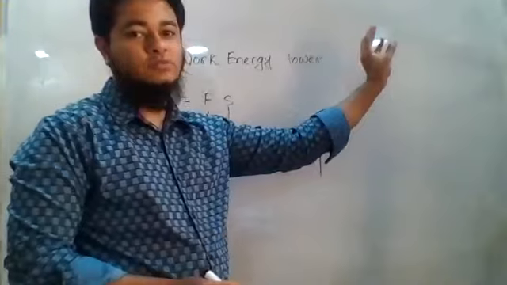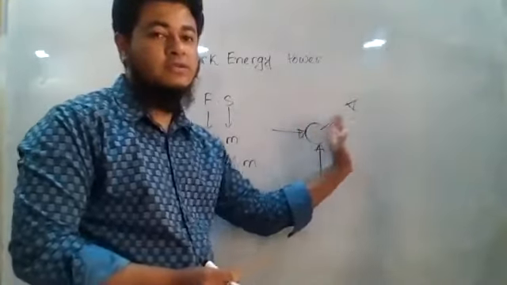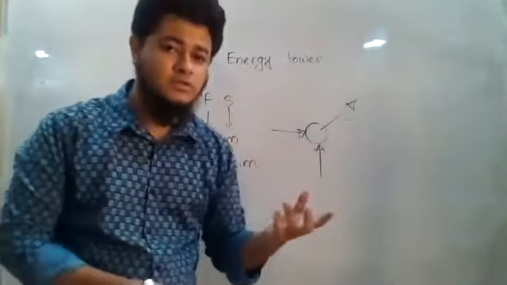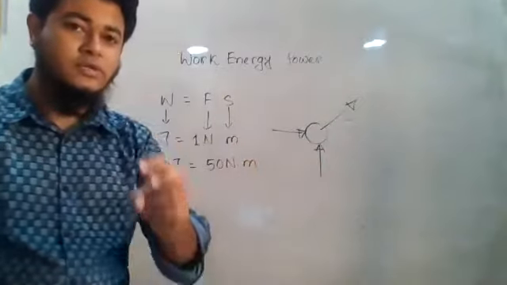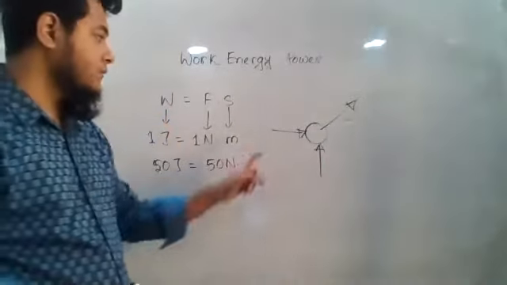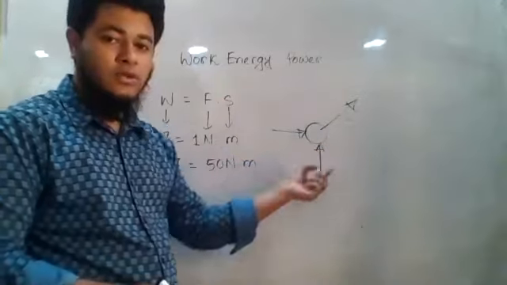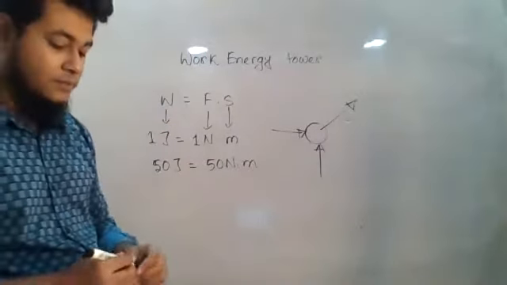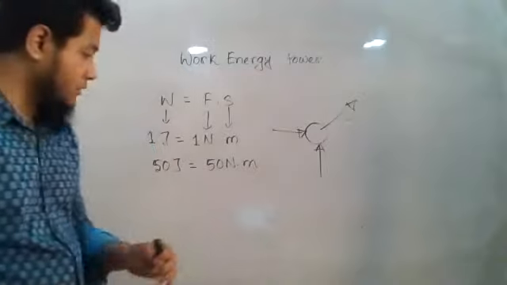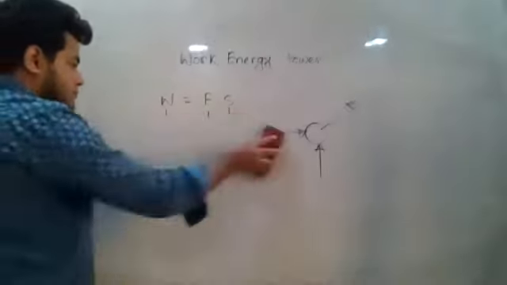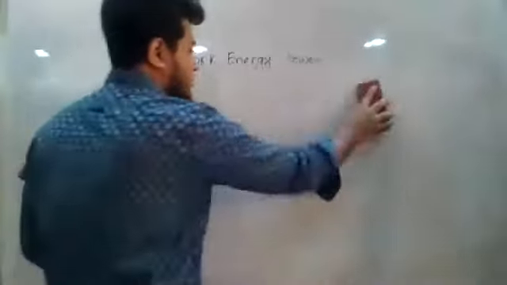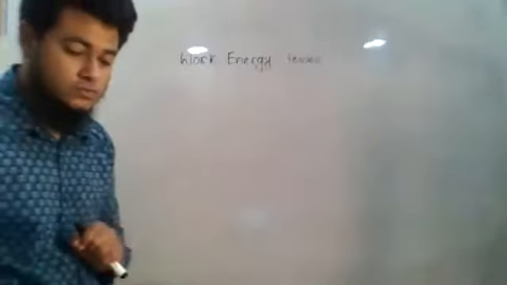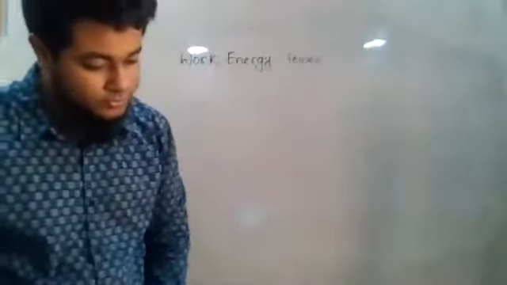And as a result, it is moving. It is covering a distance both horizontally and vertically, right? Now, if I ask you to calculate the work done, you will calculate two work done, right? For this force, you will calculate one work done. For this force, you will get another work done. Okay? So please remember. Acha. Okay. So do not forget to mention the displacement along the direction of force. Mentioning this one is very important.